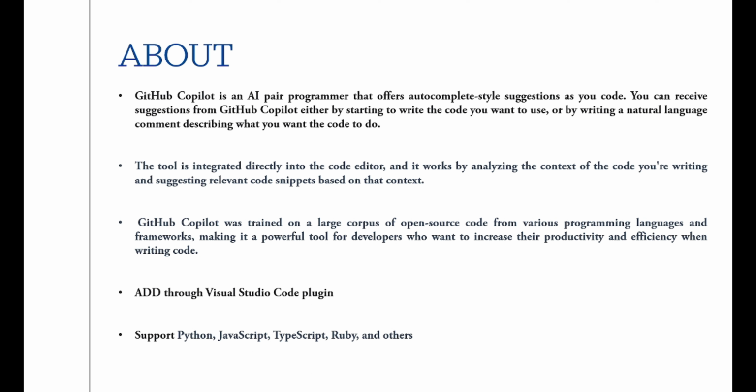So don't worry about the errors coming up in new code generation. You can write a natural language command describing what you want the code to do. You can put the command under your code, then under this command you will get the solution.